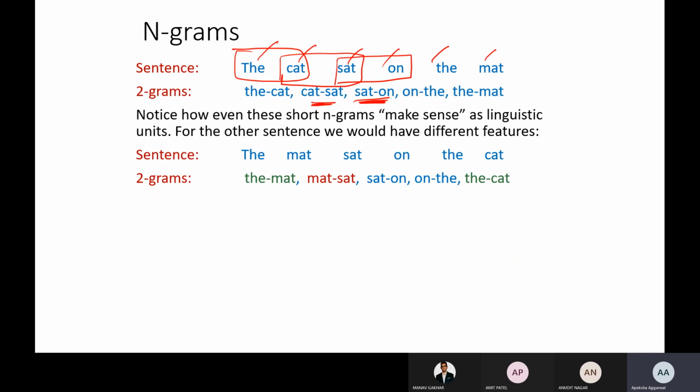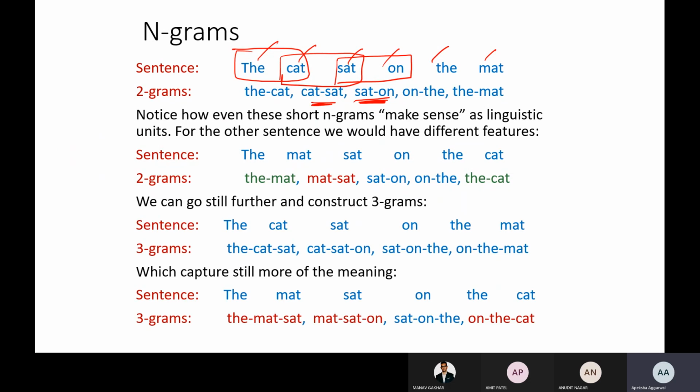Similarly, if I talk about trigram, it will give me an even better picture of what is happening in the sentence. It will make more sense, right? So in the trigram, if you see, "the cat sat" is the first trigram, "sat on the mat." This is even giving me a better picture, maybe not in this sentence.